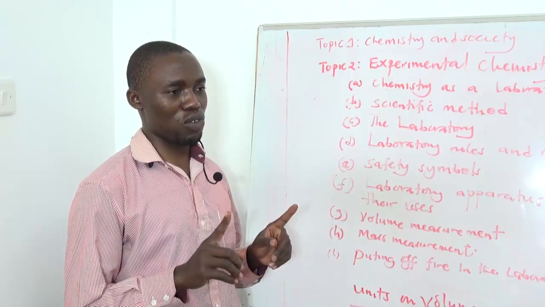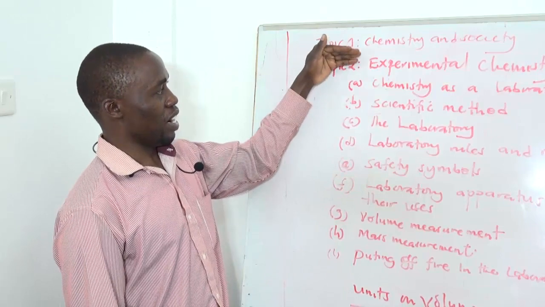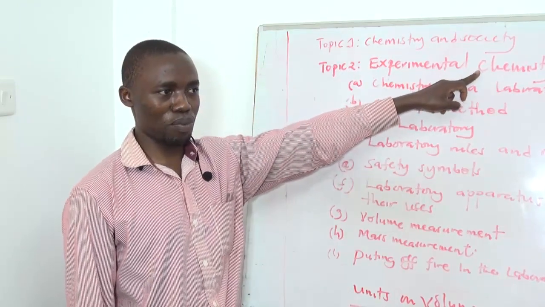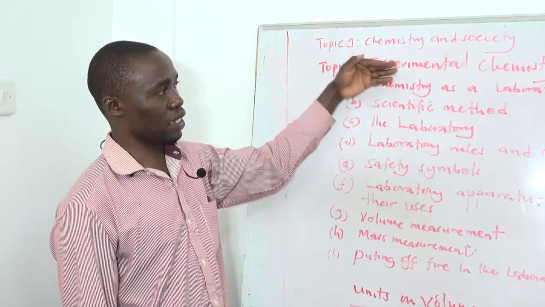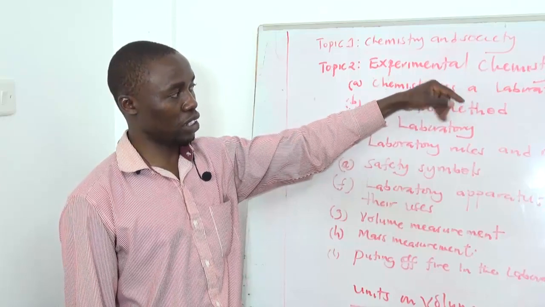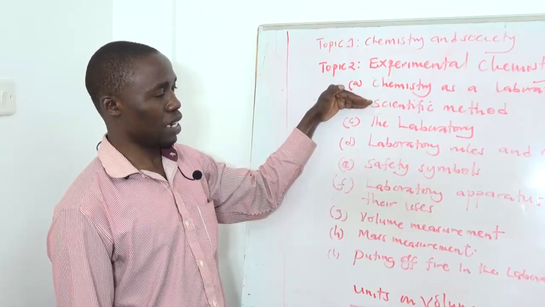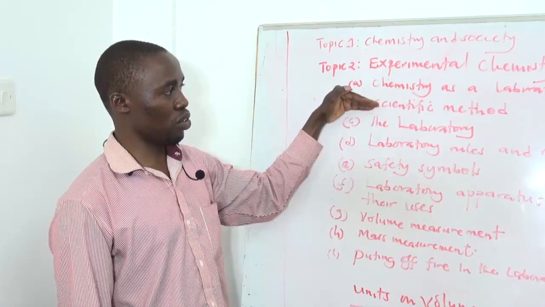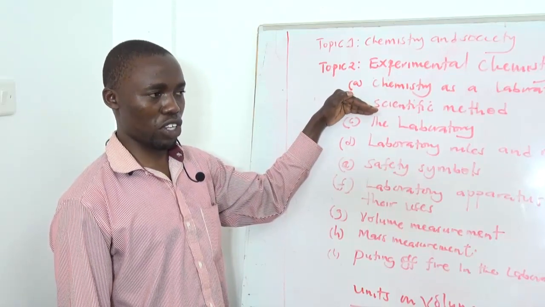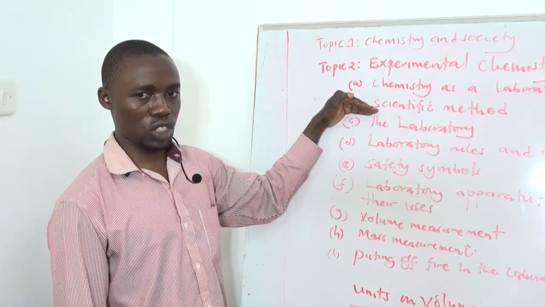Also, have you put it down? Finally, in summary, we looked at the topic called experimental chemistry. We saw chemistry as a laboratory science, because it involves experiments in the laboratory. Then we saw what a scientific method is, a method used in carrying out scientific experiments, involving observation, interpreting information and conclusions.